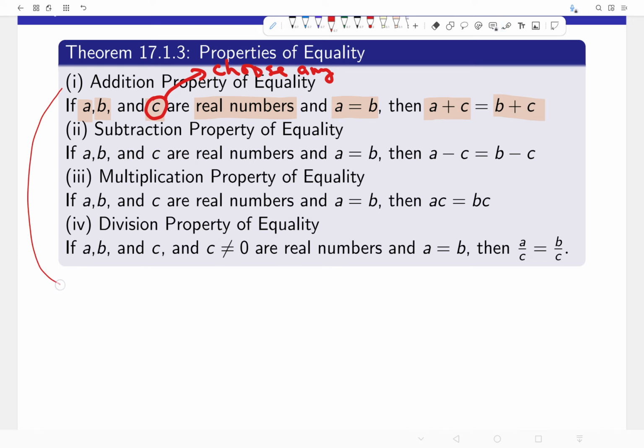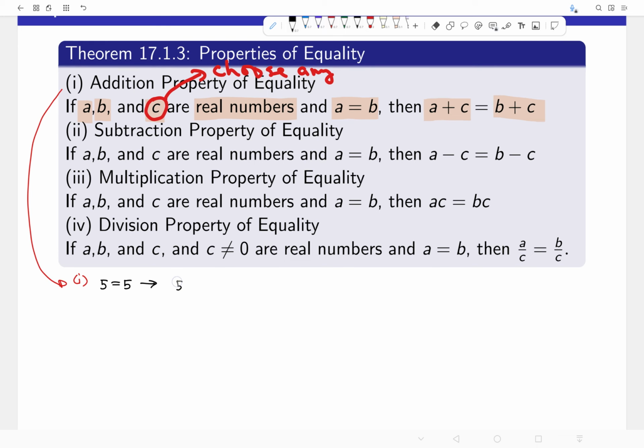So for 1i, of course, this is very obvious. If 5 is equal to 5, and you add, let's say, 2 to both sides of the equation, of course, both sides will also be equal, right?